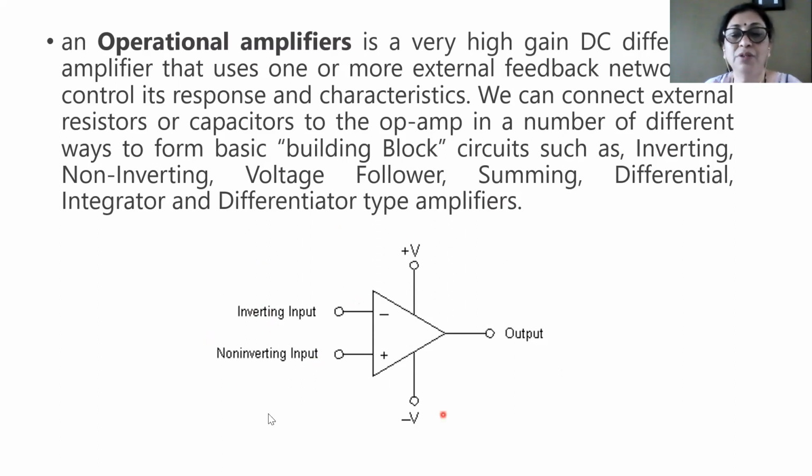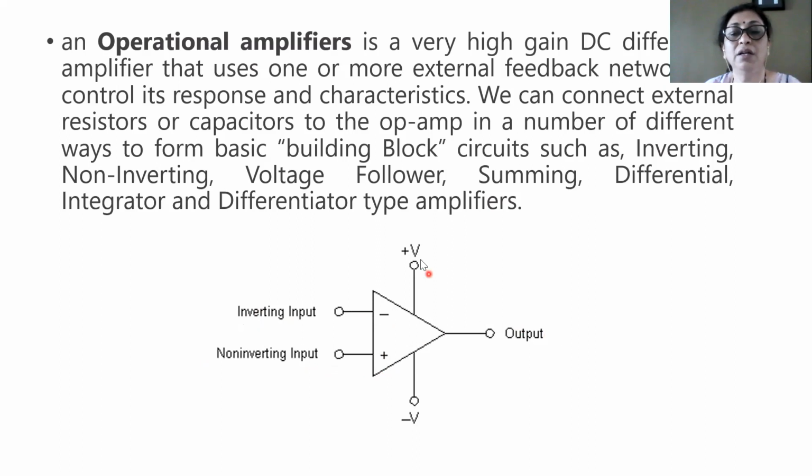Now if you observe the symbolic representation of the operational amplifier, you can see it is drawn in the form of a triangle, which has two inputs and one output, and an external power supply is applied over here. One input terminal, shown by a negative sign, is called the inverting input. The other input terminal, shown by a positive sign, is the non-inverting input.